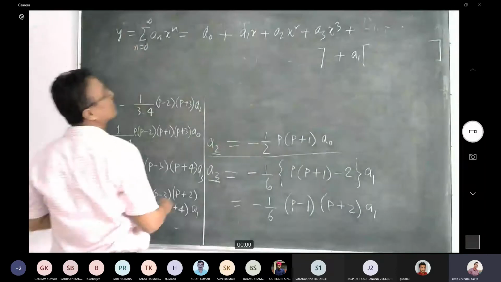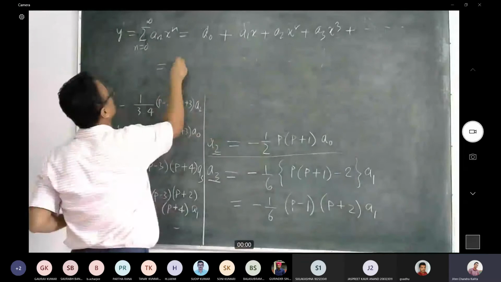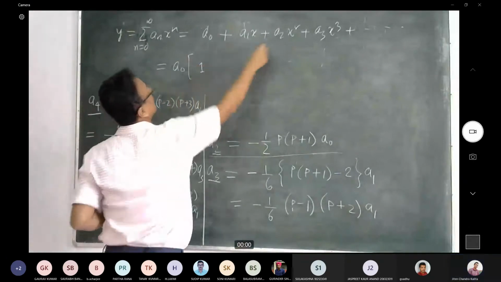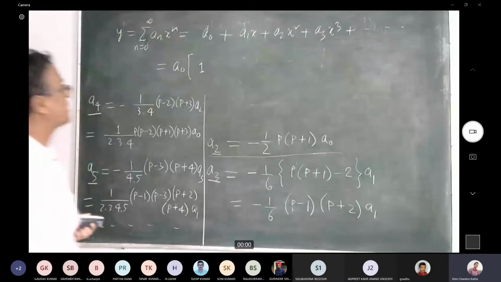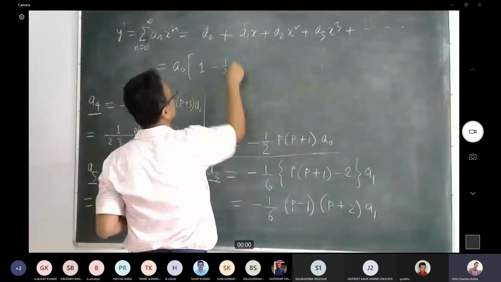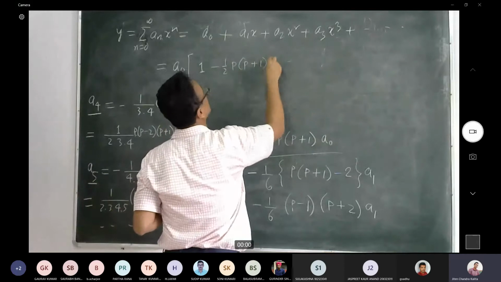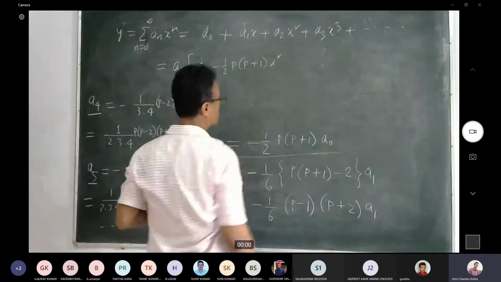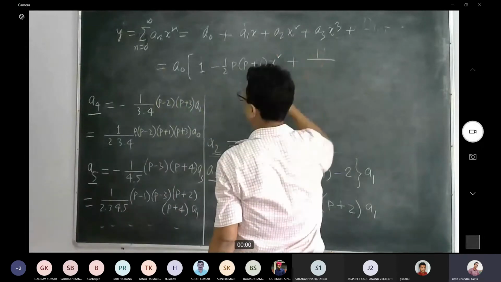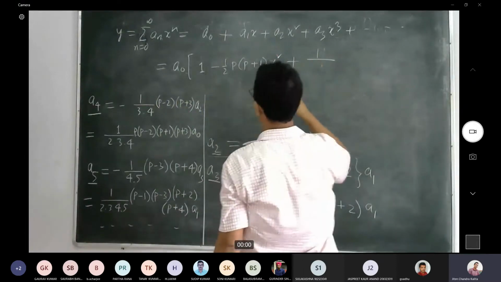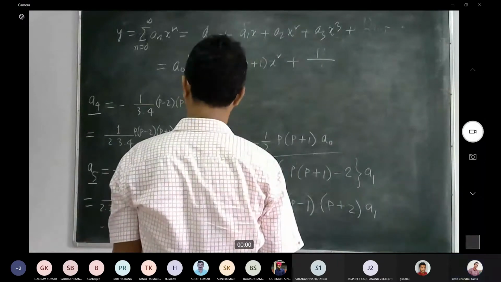So then what is going to happen? This is going to give you a naught times 1, and what is a2? A2 was minus half p into p plus 1. So a2 corresponds to x squared. Then comes a4, that is plus your... just a minute. I missed one. 2 is there.